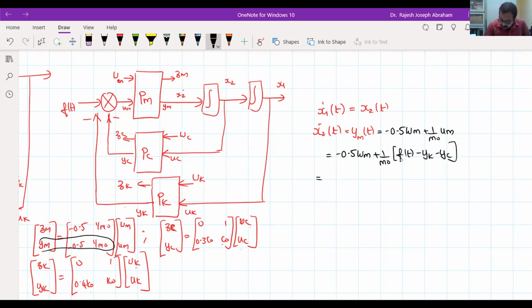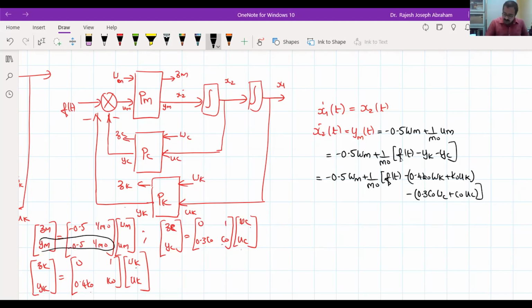Okay, so again, back substituting, what did you get? Plus 1 by m naught into f of t minus 0.4 K naught Wk plus K naught Uk, minus Yc, which is 0.3 C naught Wc plus C naught into Uc.